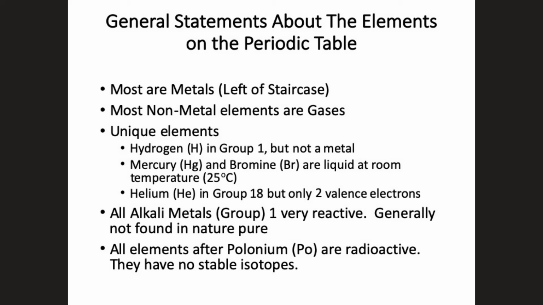Helium in group 18 should have 8 valence electrons because it's in group 18, but it only has 2. All alkali metals are very reactive, generally not found in nature pure, and all elements after polonium, Po, are radioactive. They really have no stable isotopes.